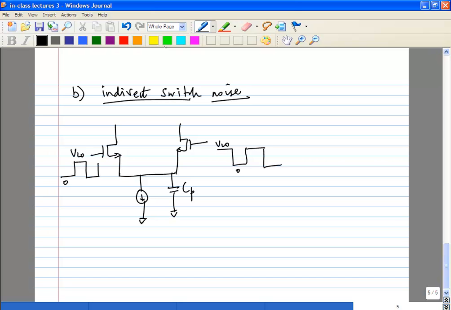What we are going to do is, you can redraw the circuit slightly differently for the two half cycles. So first of all, before we do that, let me add the noise.